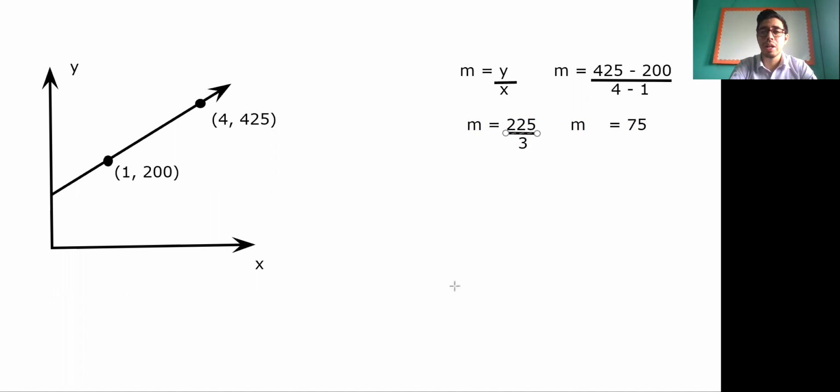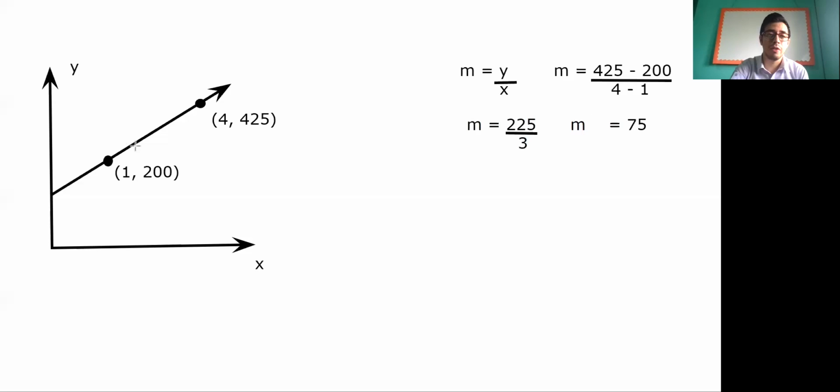Okay, but what is the meaning of the slope in this graph? The slope, like you have it at the beginning of the problem, is the cost for each hour. This is constant. Remember, the slope is going to be the same at all the points of this graph.